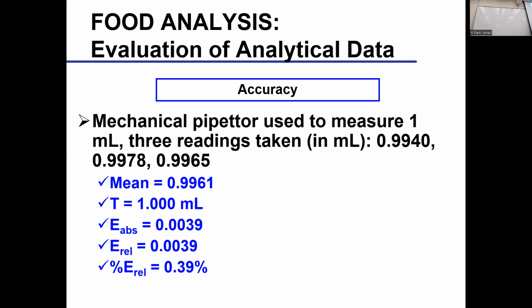And the relative error is the same because it's divided by 1. Then for the percentage, you multiply by 100 and you get 0.39%. Very accurate, high accuracy. We don't need calibration. Your mechanical pipette is good to go.